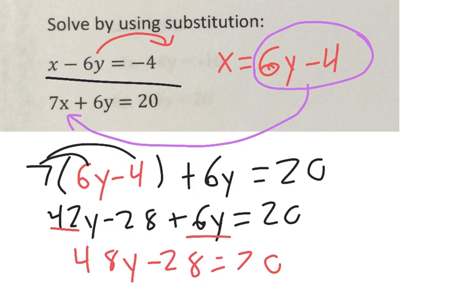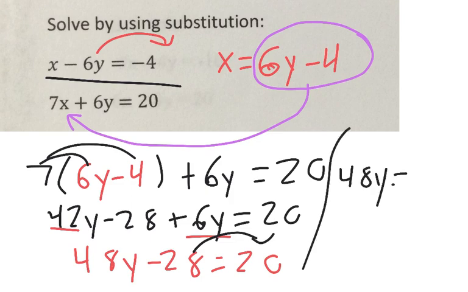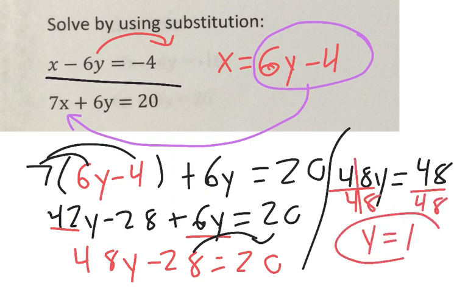And now I want to get y by itself. So move the negative 28 over, it becomes positive. So 48y equals 28 plus 20, which is 48. Divide by 48. And so I know the y value where they intersect is 1.